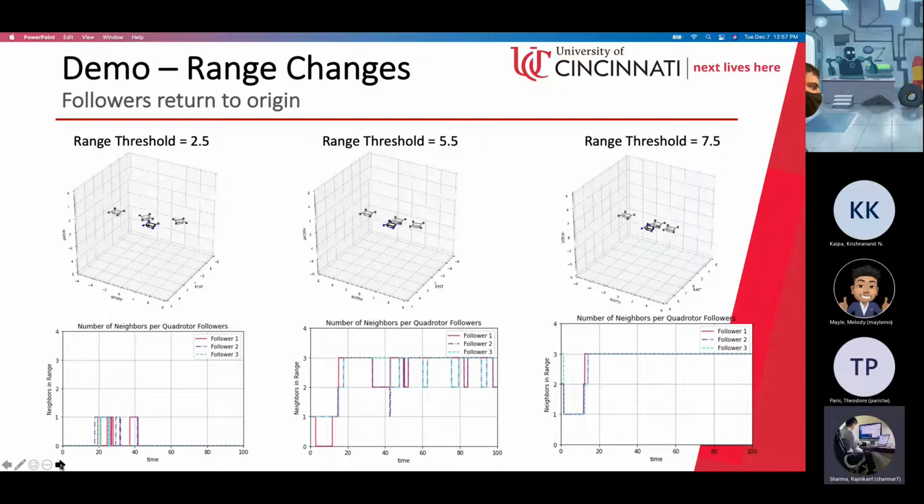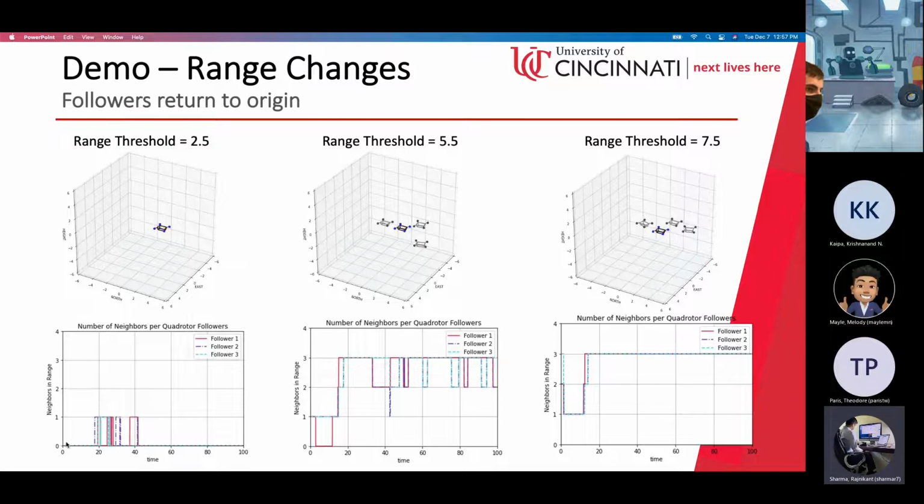For this one, you can see that in the smaller range, it was very unstable. And although the followers were trying to return to the origin point to maintain their distance away from the leader, the circle path we had was larger than what this range allowed. Our circles around the leader were a little bit over 5 meters away.